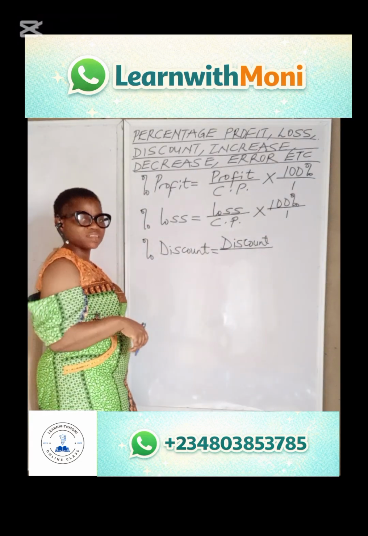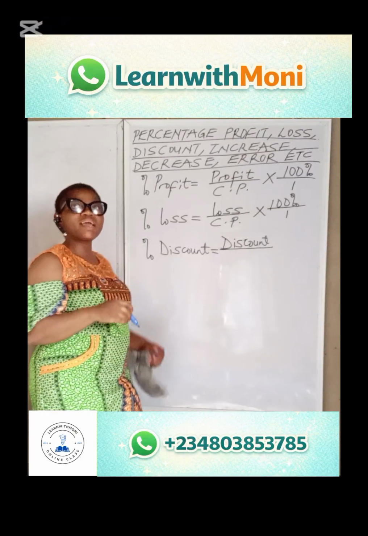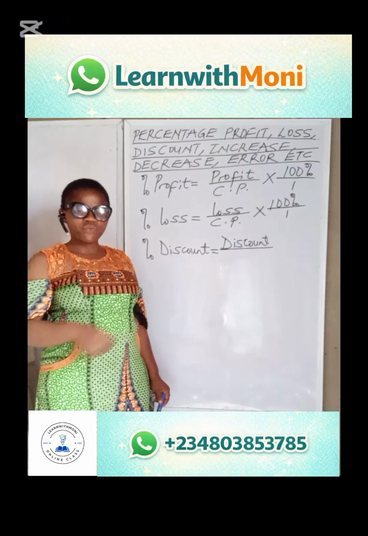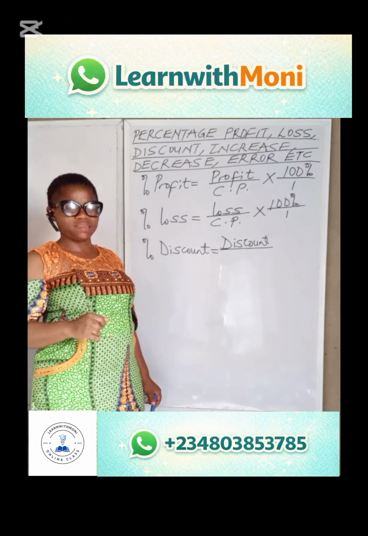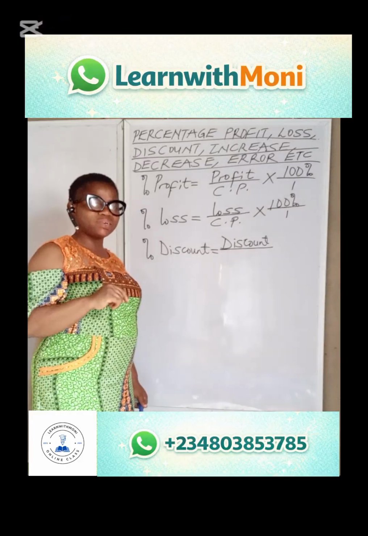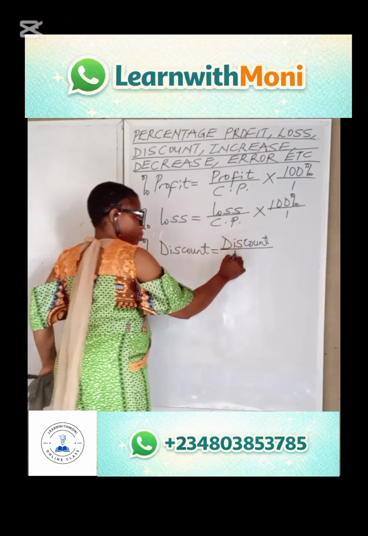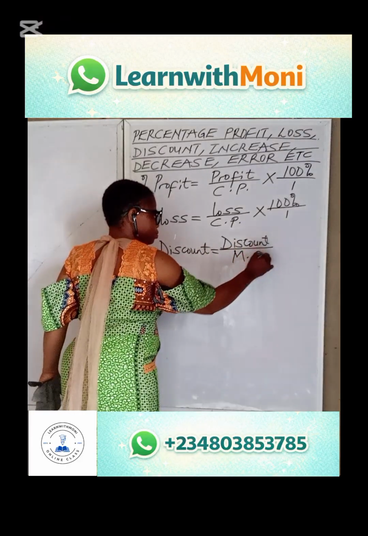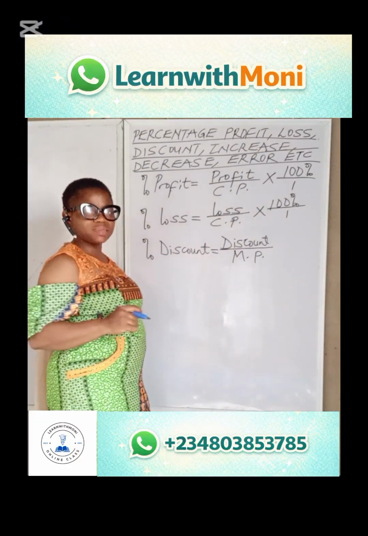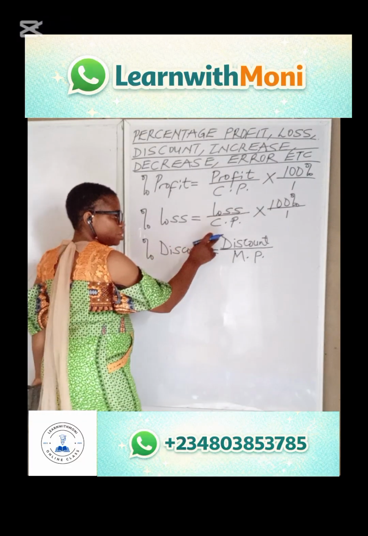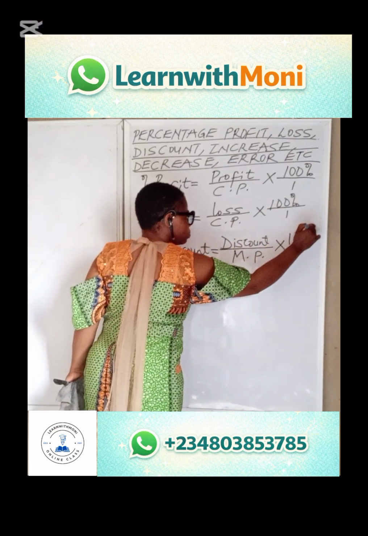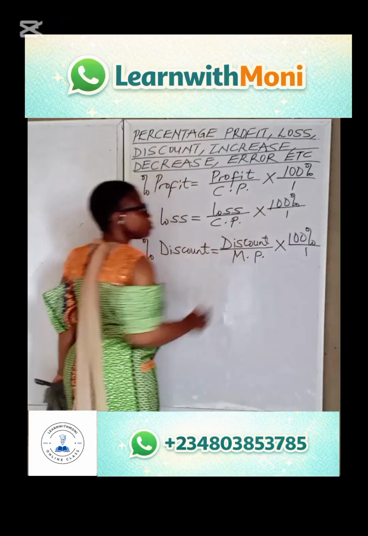Before you are given a discount, that means the item was originally sold at an amount before you are given some amount off as discount. So that original amount is called the marked price, the original amount at which that item is sold. Discount over the marked price times 100% over 1.